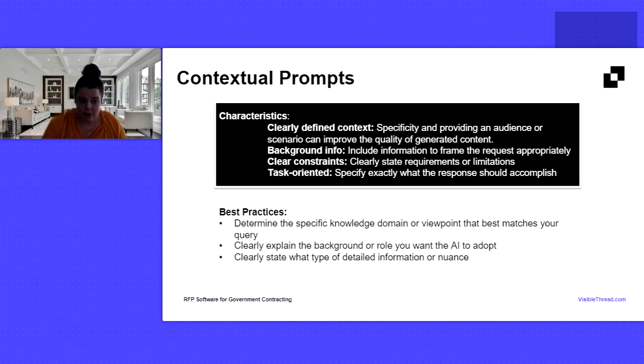Best practices and things to remember here: we want to determine the specific domain or viewpoint that best matches the query. Clearly explain the background or the role that you want AI to adopt. So be a little more clear and a little more explicit, give more context to the role that you want AI to adopt and why. And then talk about any detailed information and nuance considerations that you want to include.